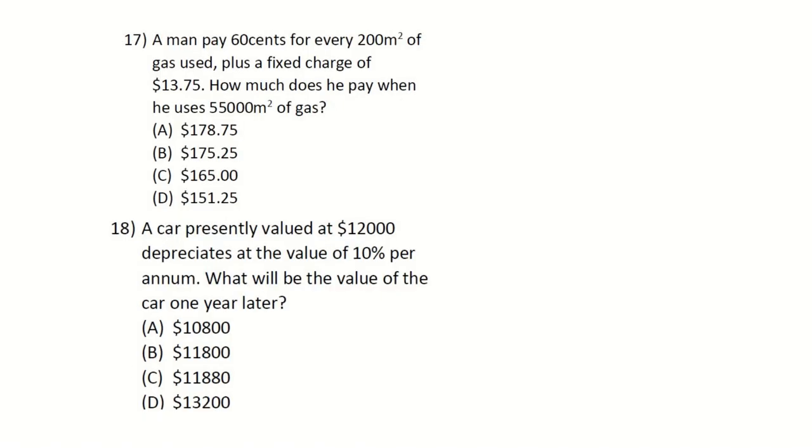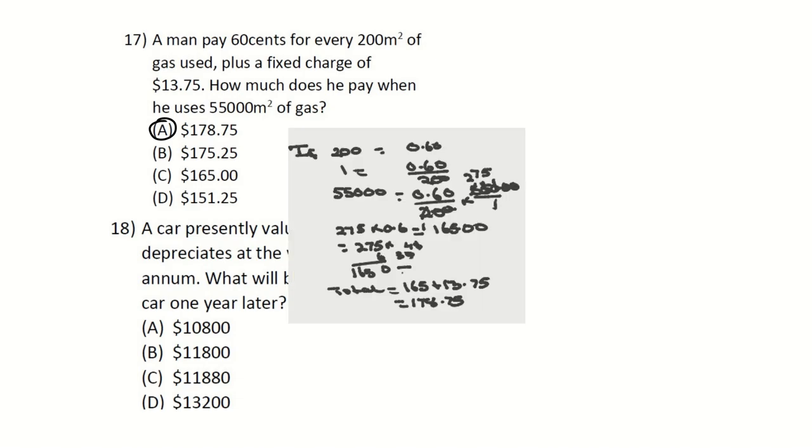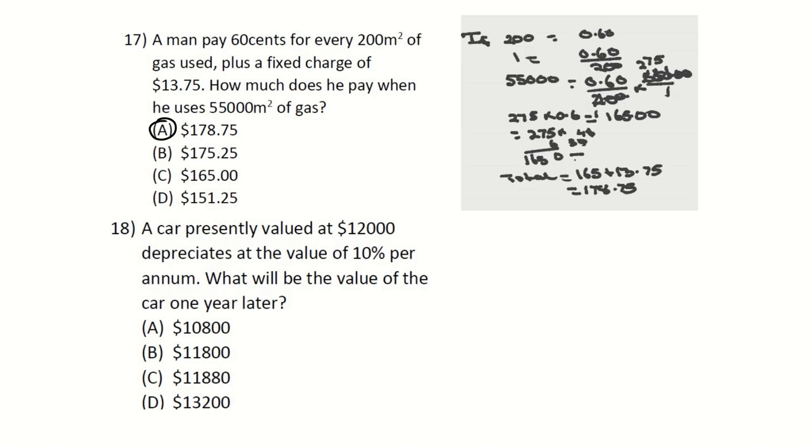Number 17. We just now did this question. The answer is A. The amount that he paid for 55,000 was $165. So 165 plus the fixed amount would give you $178.75, so this would be your working for it.